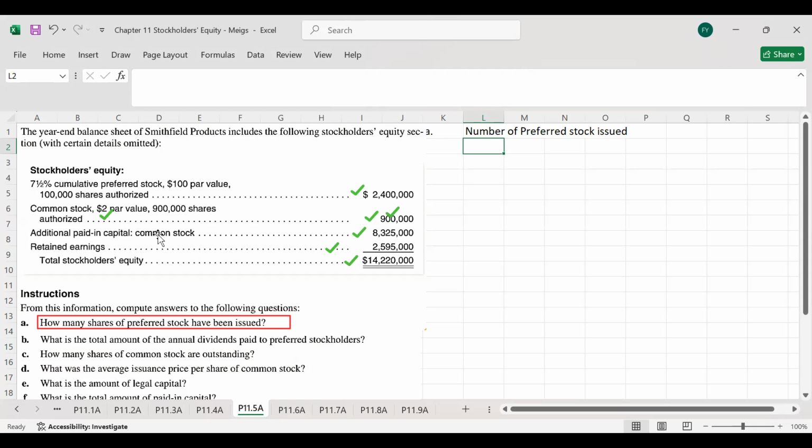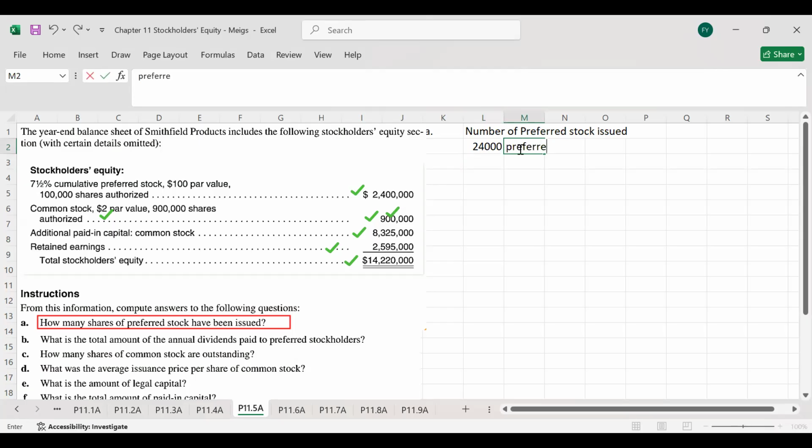This is not for preferred stock, so this means that there's no additional paid in capital related to preferred stock. So preferred stock is issued at par value. Now in order to calculate the number of preferred shares, the total amount of preferred stock is 2.4 million, which is going to be divided by par value. So here you can see that 24,000 is the total number of shares issued.